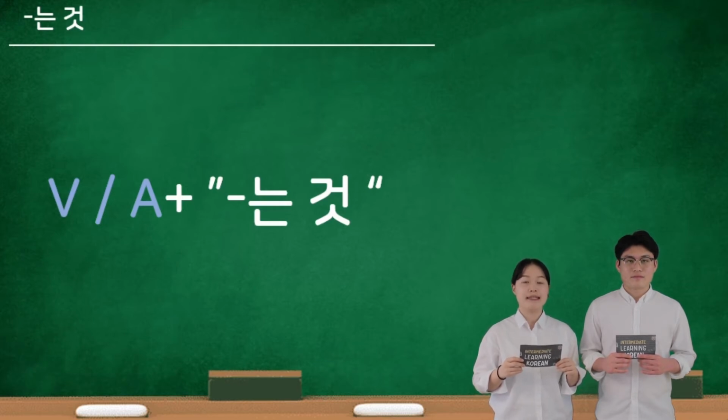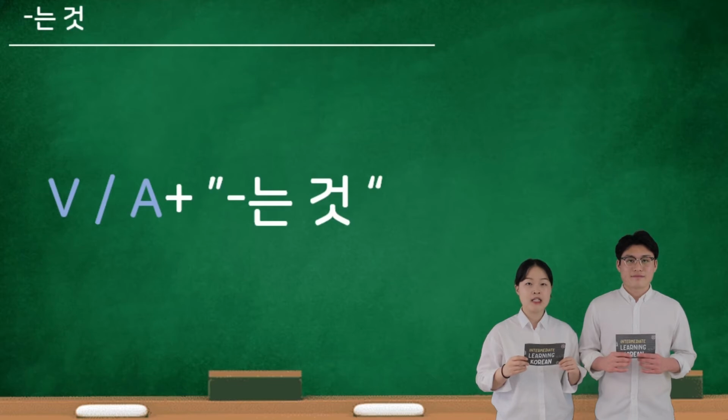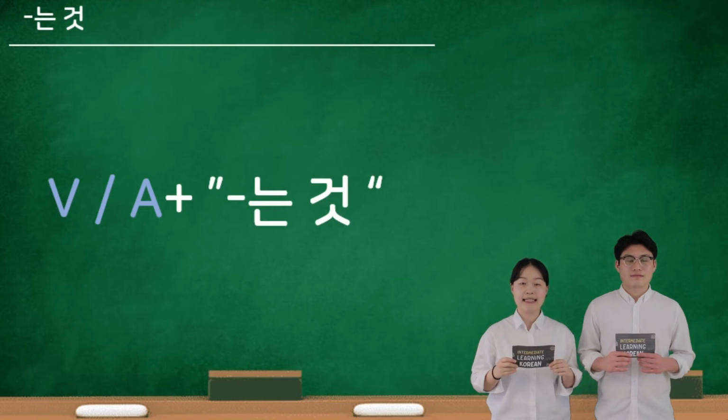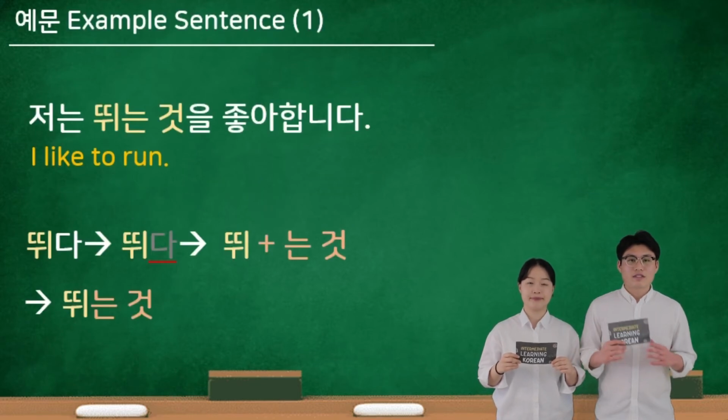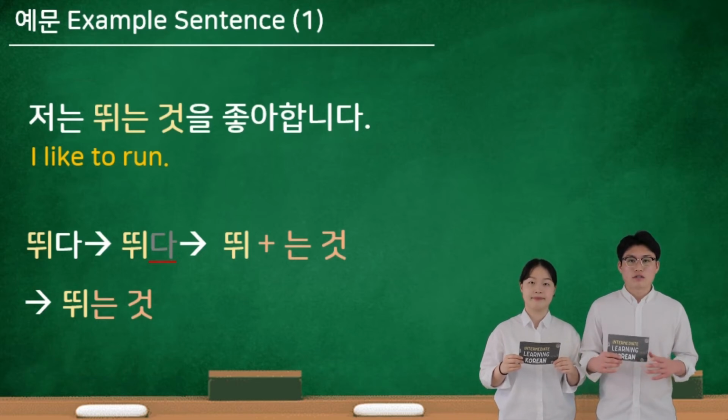So after 는 것, particles such as 은/는, 이/가, 을/를, or 이다 can be used. For example, there is the sentence 저는 뛰는 것을 좋아합니다. Here, 뛰는 것 is a noun that is a conjugation of the basic verb 뛰다.